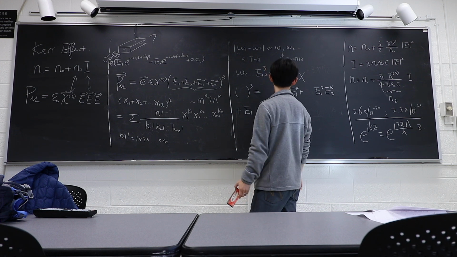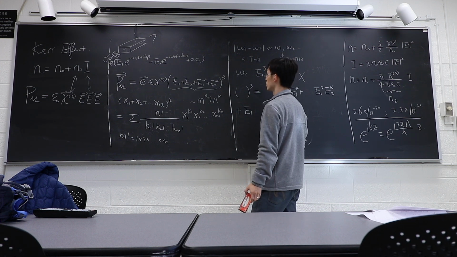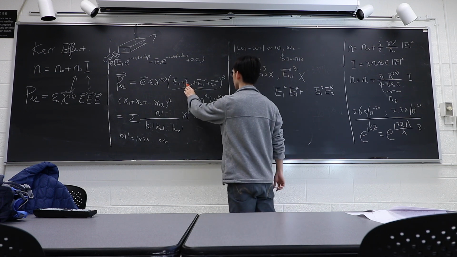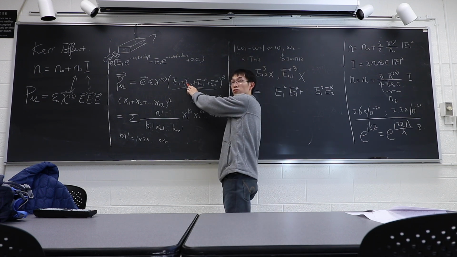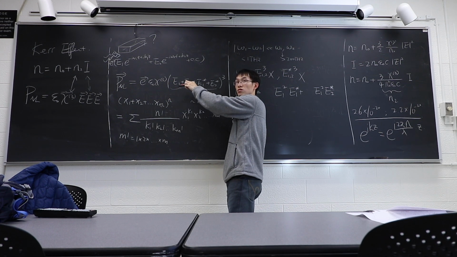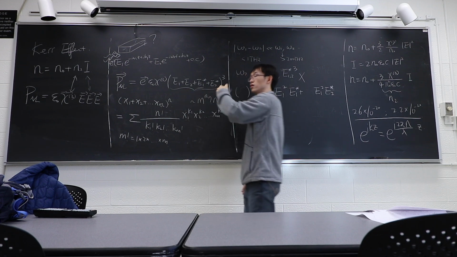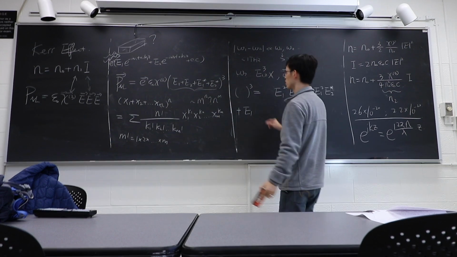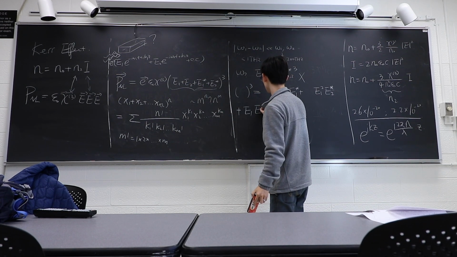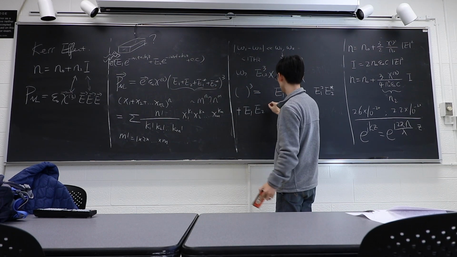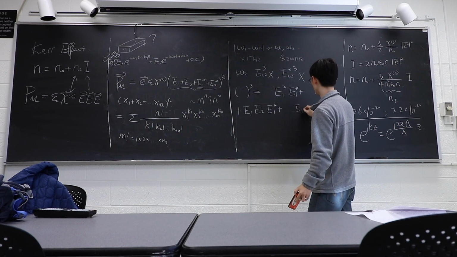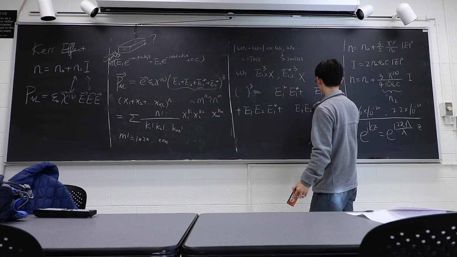First of all, you can't pick up E2 squared, for the same reason: if you pick up E2 squared, the frequency will be omega 1 plus 2 omega 2, a very high frequency. So you can pick up E2, but only one of them, and then you can pick up E1 star, or you can do E1, E2, E2 star.